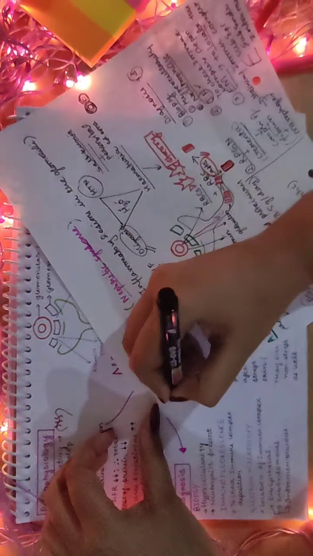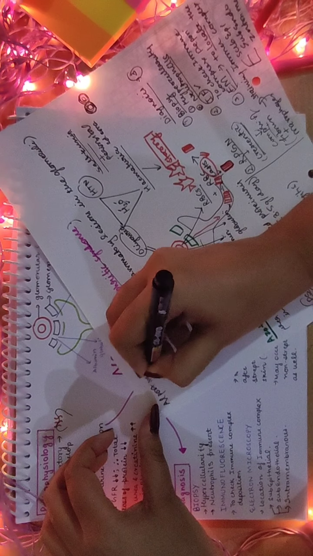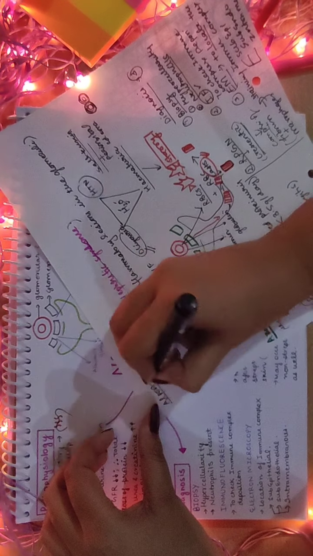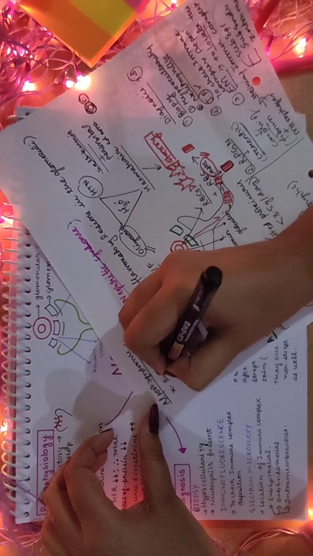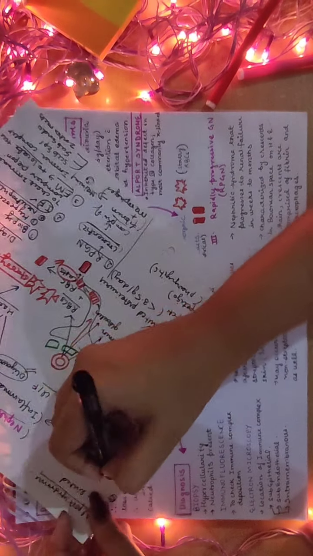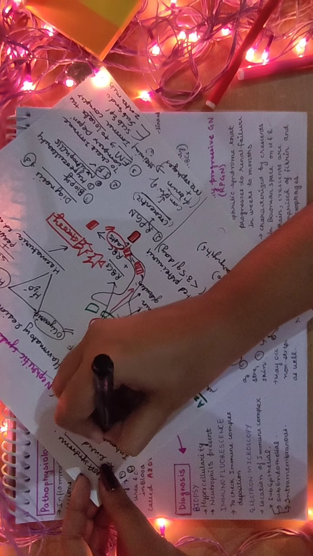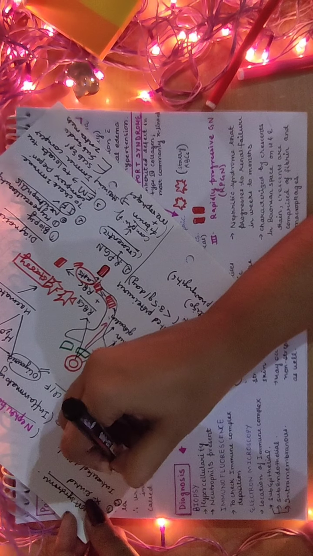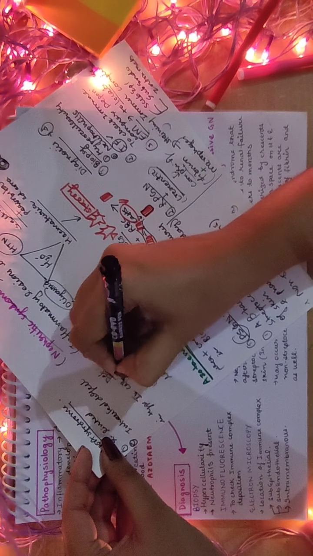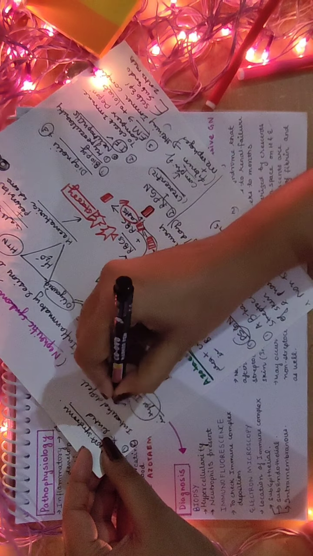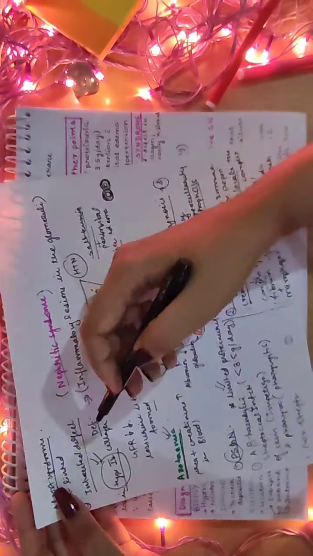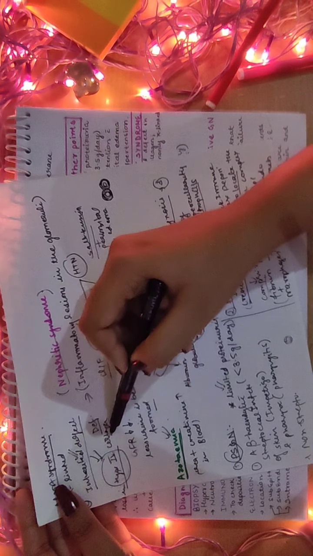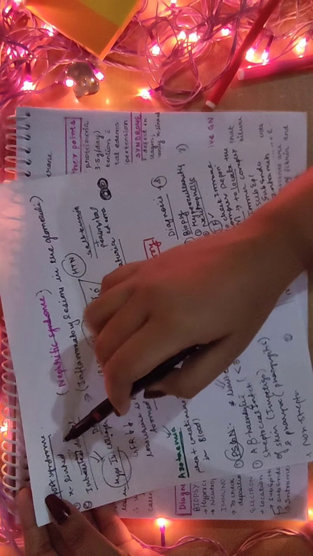Now the last point I want to mention is Alport syndrome. You must be wondering what is Alport syndrome. It is X-linked, first of all. And how does it occur? It occurs due to an inherited defect in type 4 collagen. It is X-linked commonly.